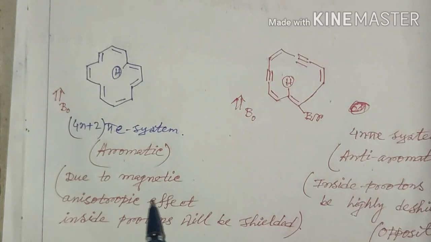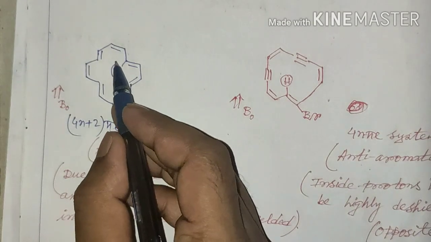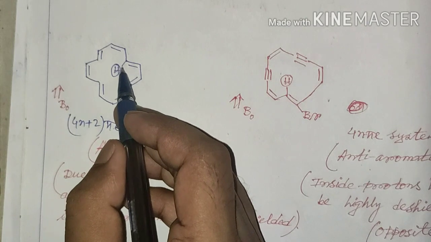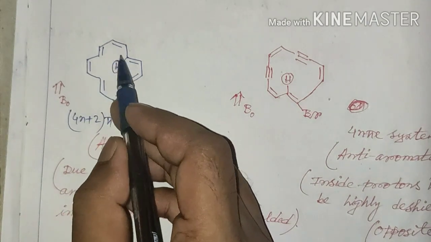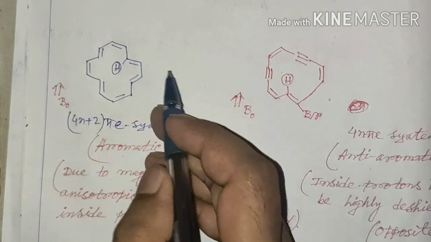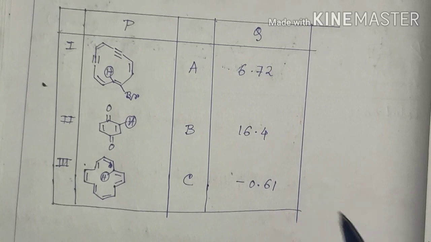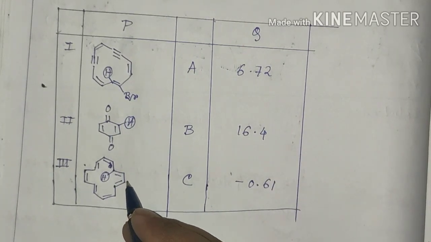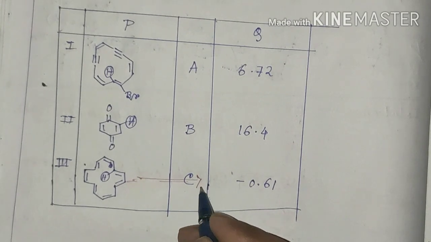Now due to magnetic anisotropic effect, we know that the inside protons will be shielded, and so the delta value for the inside proton will be upfield. So from the given options, option number 3 corresponds to C.